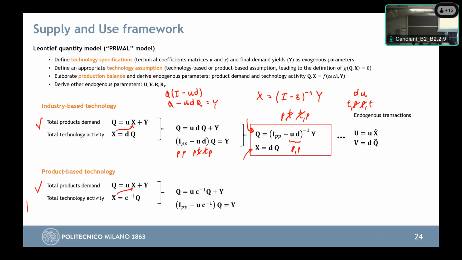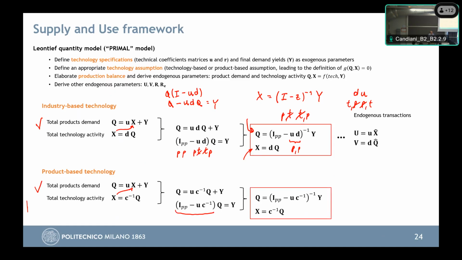So we have the balance here. Q equal to U times the inverse of C times Q plus Y. We are moving the first term of the right-hand side to the left-hand side. We are collecting these into this table here, that is the I product by product minus U times inverse of C, that once inverted will be the Leontief matrix product based, times Q equal to Y. Then I'm moving to the next step and I'm getting the Leontief production model.